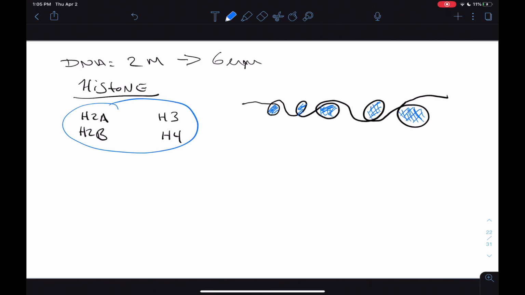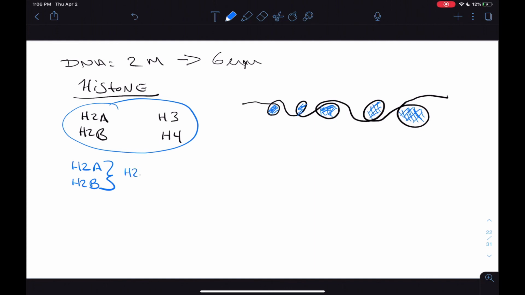Now, how do they form? How do they interact? This is what I want to explain over here. Essentially what we end up getting is dimers that form. First of all, an H2A and an H2B protein come together and connect with one another. So we have an H2A, H2B dimer that forms.